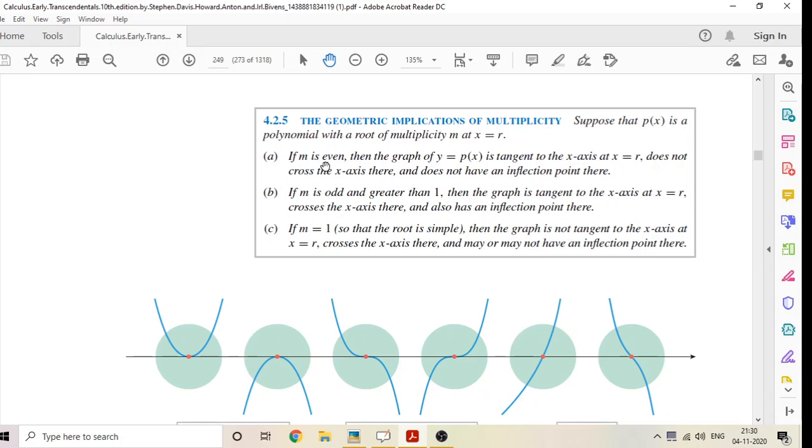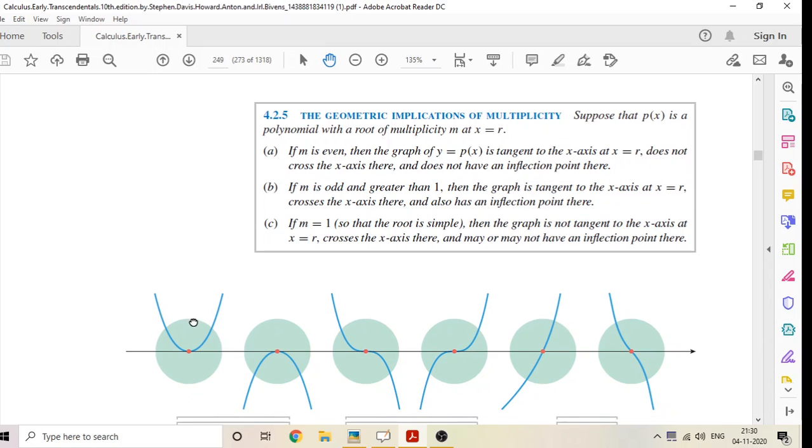Now the first case, when the multiplicity is even. When m is even, the graph of y equal to p of x is tangent to the x-axis at x equal to r. It does not cross the x-axis there and does not have an inflection point there.